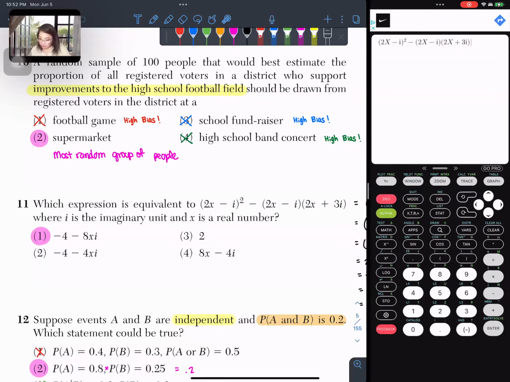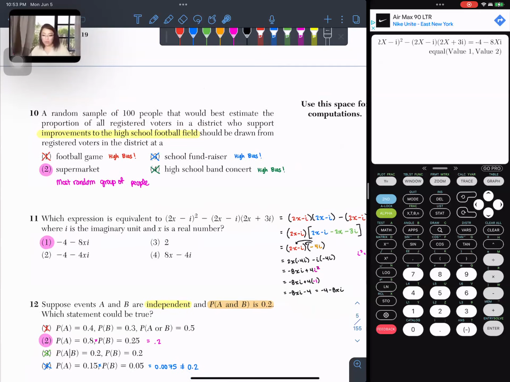And then I want to set this equal, like, is that equivalent to negative 4 minus 8xi? I bet on your calculator it says 1. If not, let me know. But my emulator says no, so I'm pretty sure that would work.